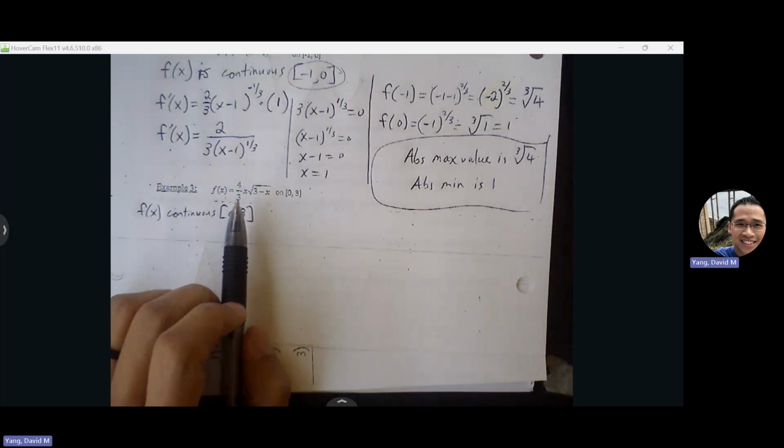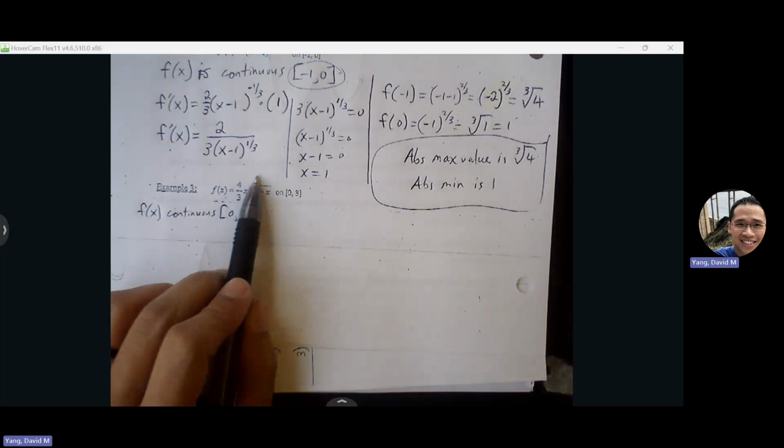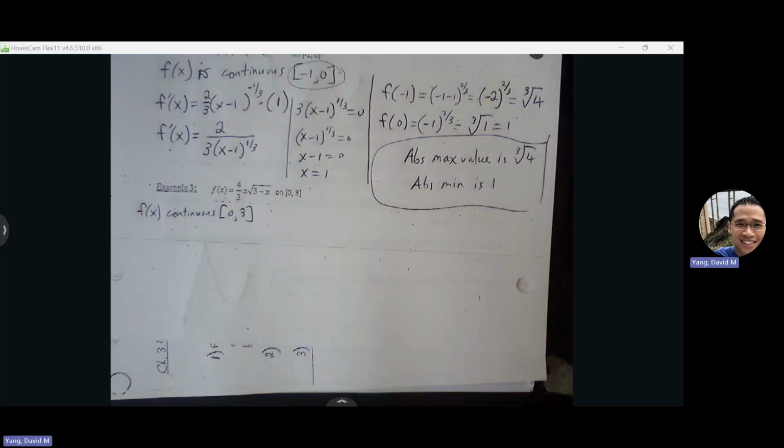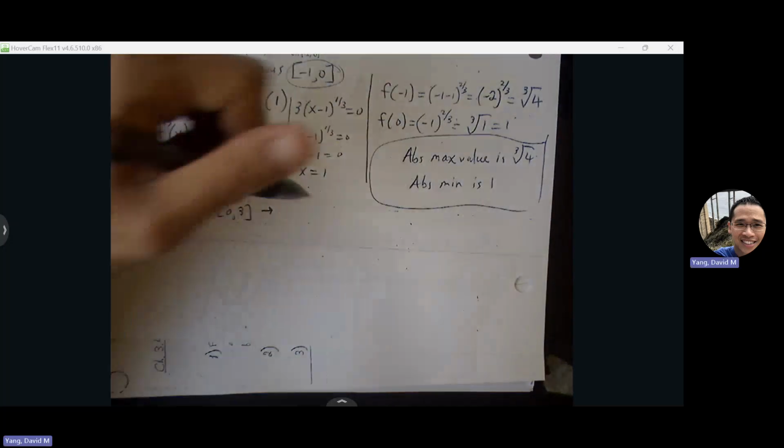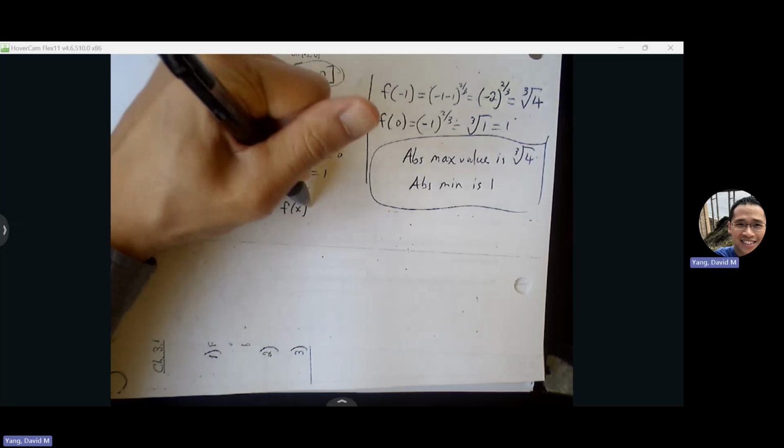Derivative, it's a little bit more involved here. What do we have to make sure we go through if we want to find the derivative? Yeah. Product and chain.